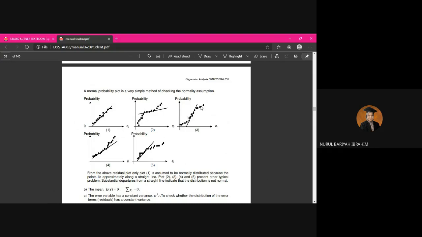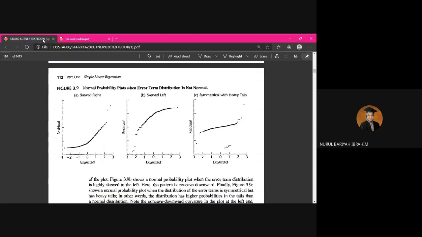Okay, sini pun sama juga. Dia ada heavy tail, so we consider that the normality assumption not fulfilled. Okay, same here. Okay, dia ada tail. Sama ada right tail or left tail. Okay, sama juga kat sini contohnya yang ni dia terbentuk kat sini adalah skewed to the right.